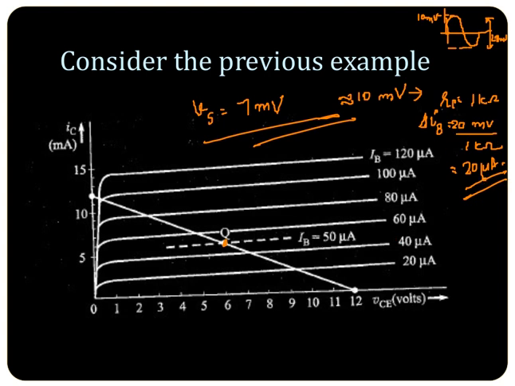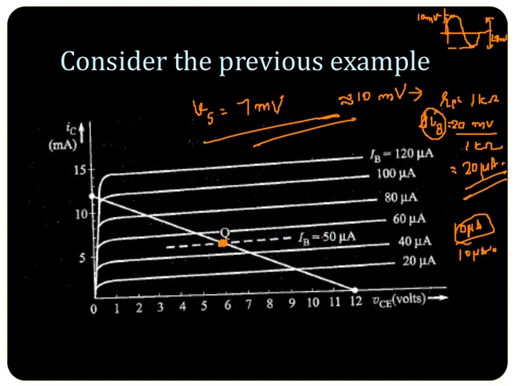So this is IB equal to 50 microampere, and IB is going to vary. Why is IB going to vary? Because of this input signal. This input signal is an AC, so it is varying between 10 millivolt and minus 10 millivolt. We are calculating, if voltage is varying like this, how current will vary. Delta IB will vary by 20 microampere. At this operating point of 50 microampere, there will be a 10 microampere increase and a 10 microampere decrease.